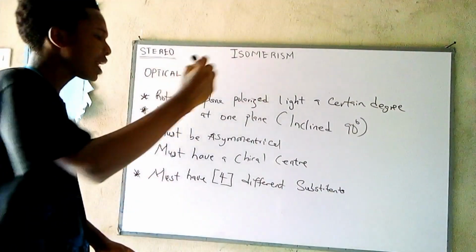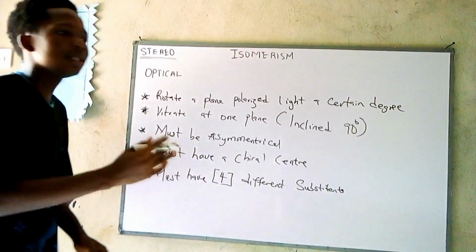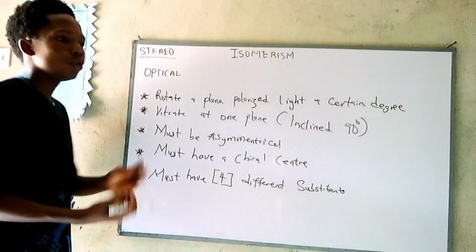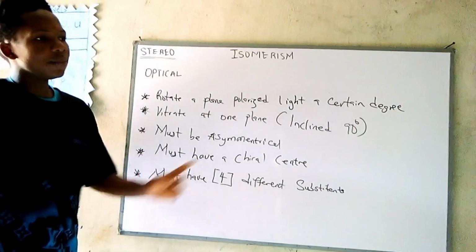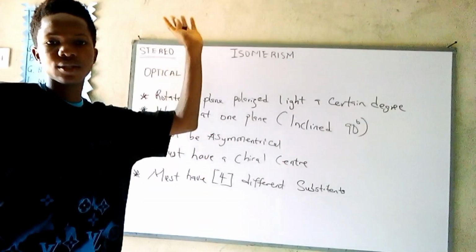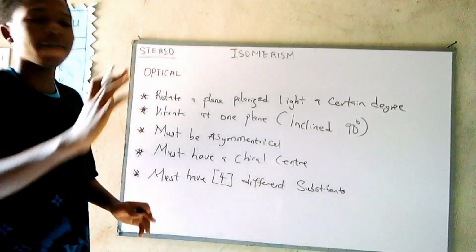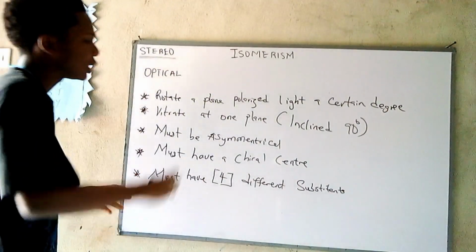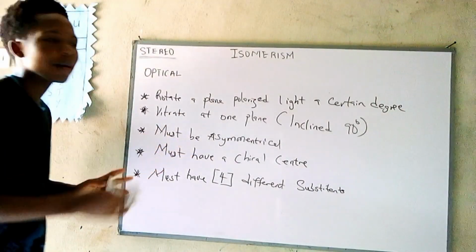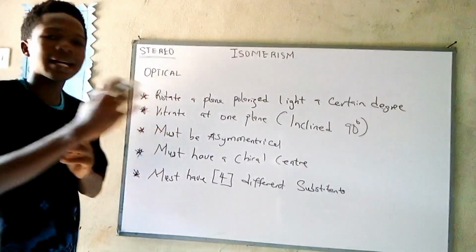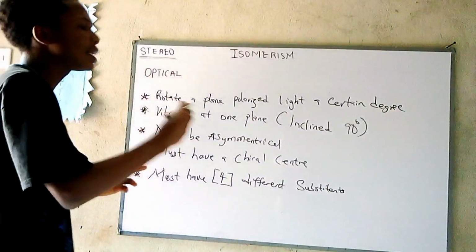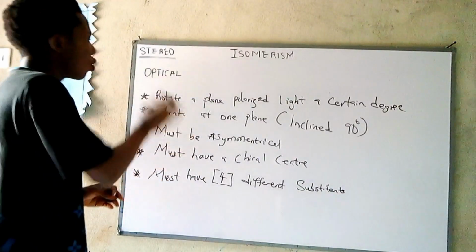If they are optically active, they can create a mirror image of themselves. You know how when you stand in front of a mirror and raise your hand, the mirror raises its other hand on the other side. We call that lateral inversion. So these organic compounds can create a mirror image of themselves which is laterally inverted, and it is then said that they are optically active.